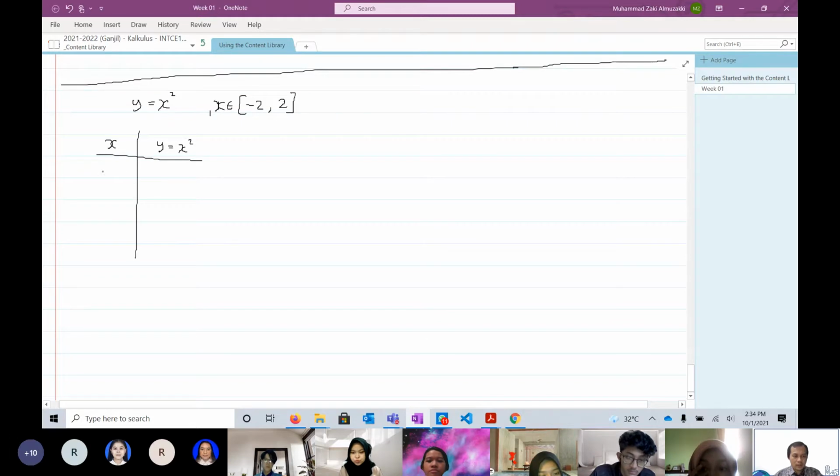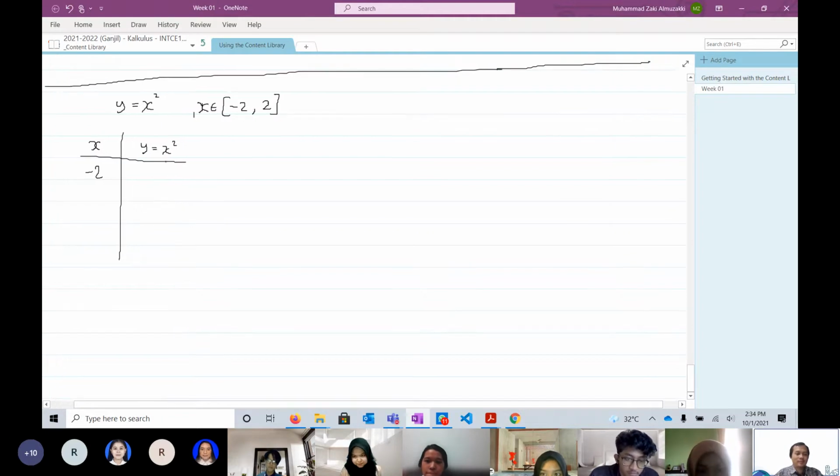Now let's take a point x equal to -2. What is the value of y in this case? When x equals -2, y is equal to x squared, meaning -2 squared. What is the value of -2 squared? 4.